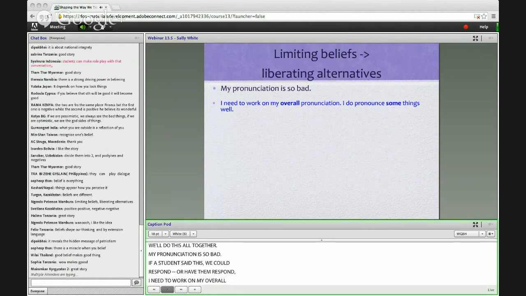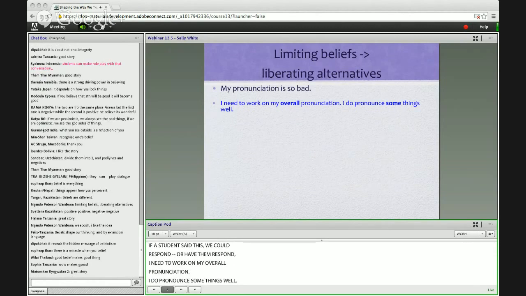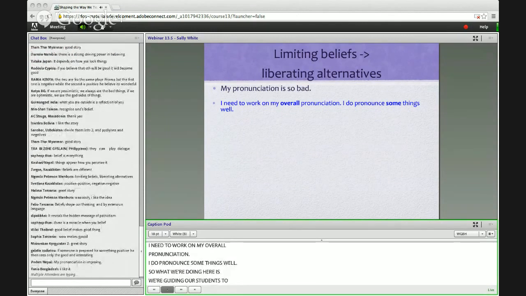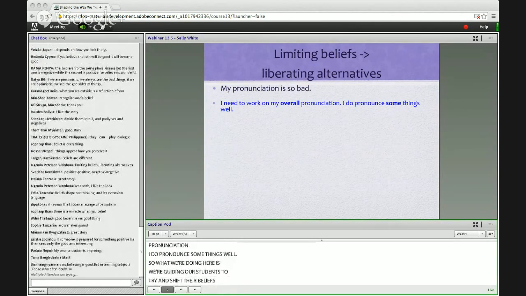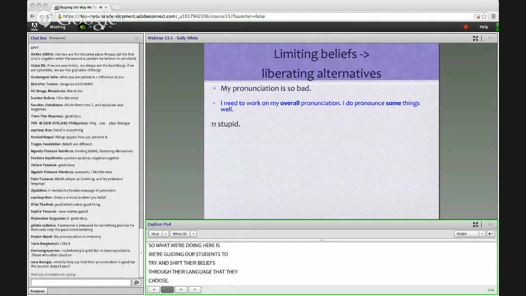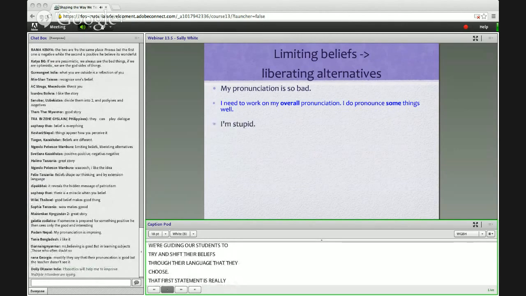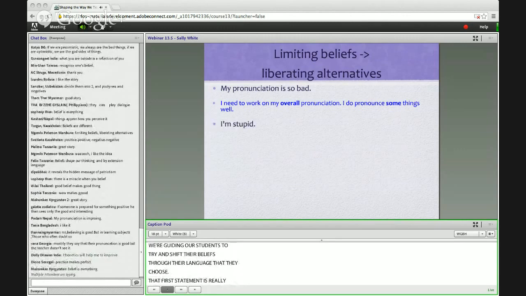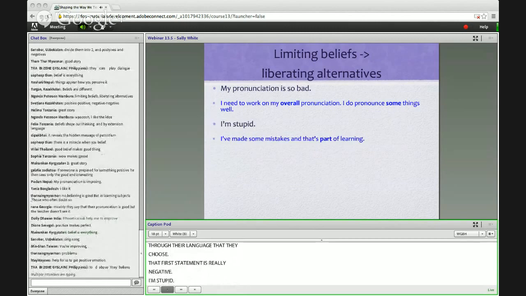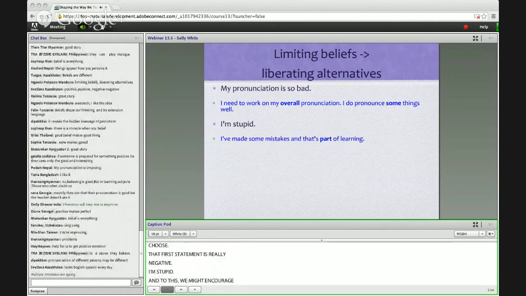So what we're doing here is we're guiding our students to try and shift their beliefs through the language that they choose. That first statement is really negative. "I'm stupid." And to this, we might encourage them to say, "I've made some mistakes, and that's part of learning."